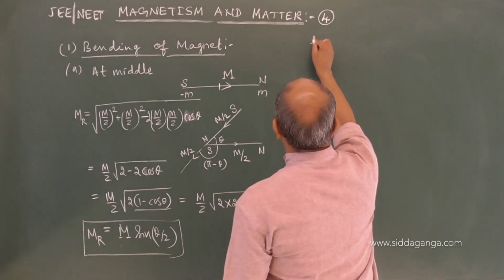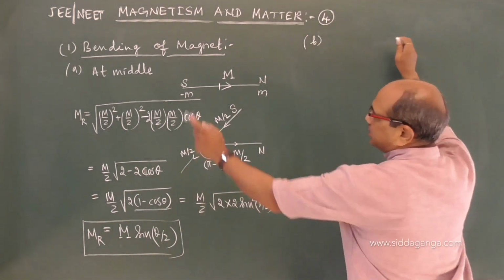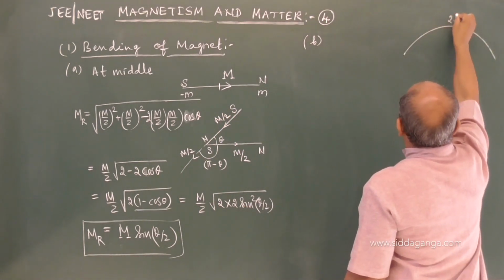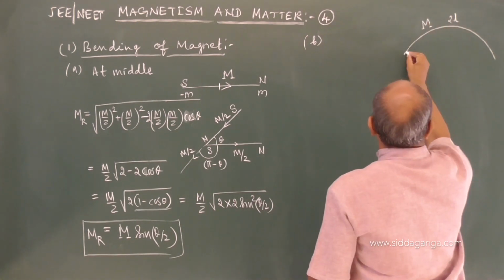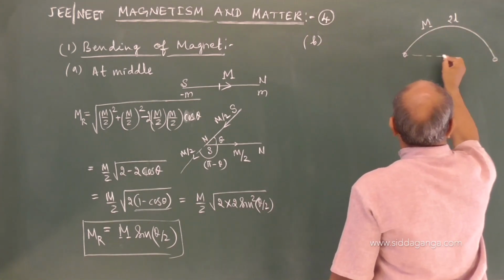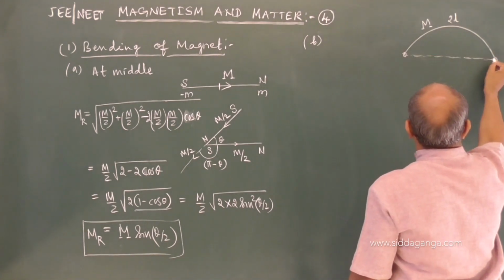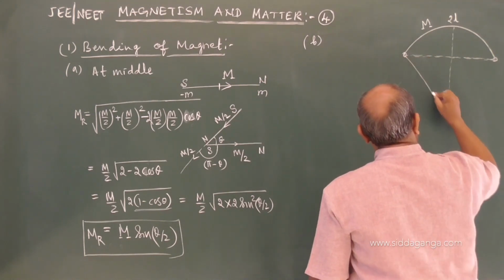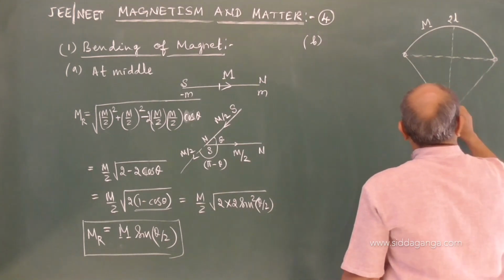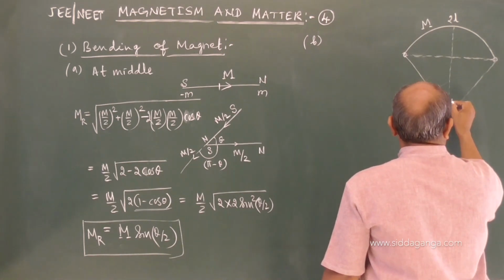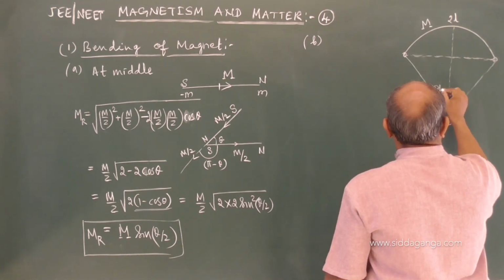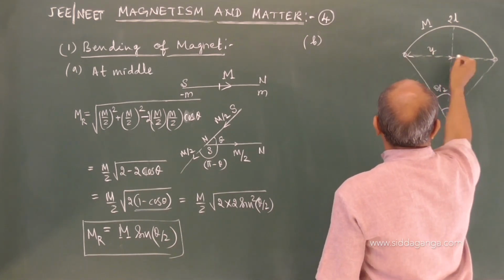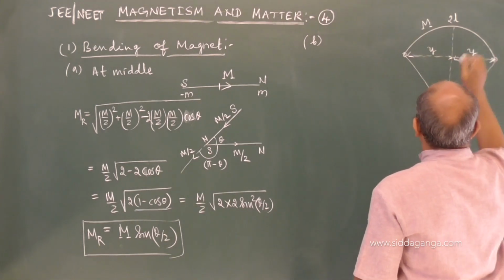Similarly, in the second case, the same magnet is bent in the form of an arc of length 2L and moment M. What is the new moment at this position? Because the effective length is this 2L dash, not 2L. To understand this, suppose it is making an angle theta at this point O, or this is theta by 2, and this distance is y from here to here, and this is also y.